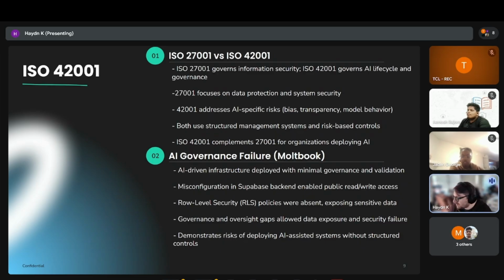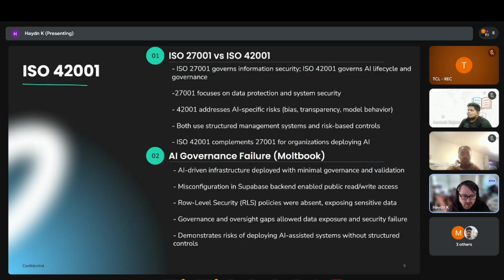An example of a recent failure with AI governance would be the Moltbook breach. I'm sure most of us have heard of that by now. Earlier this month, Moltbook disclosed a major data breach.